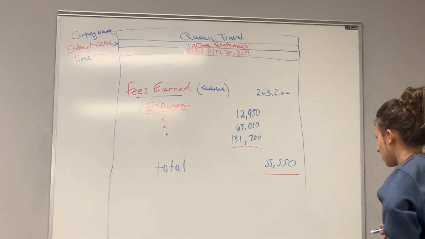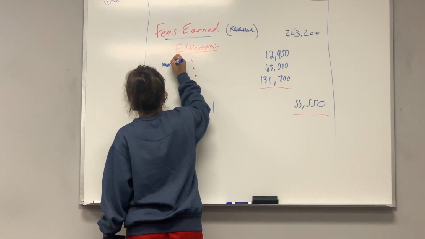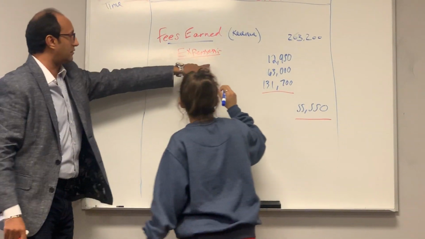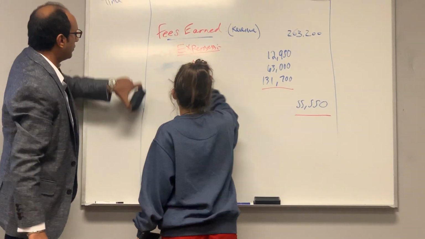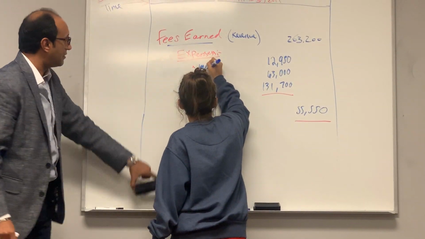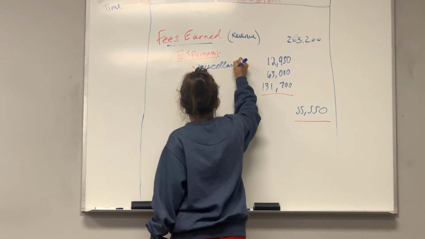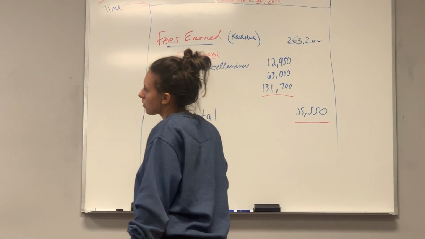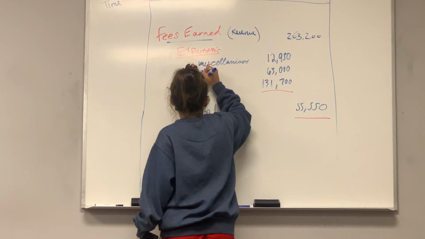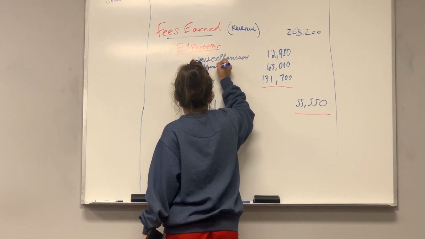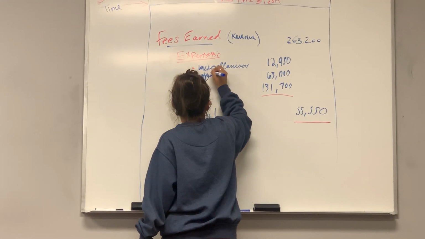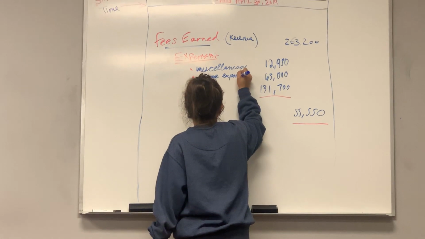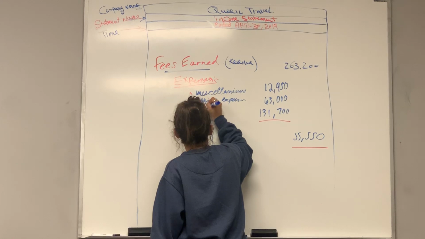Start from here. Guys, pay attention, because everyone will come to the whiteboard. Miscellaneous expenses, office expenses, office supply expenses, wages, the last one, wages expenses.